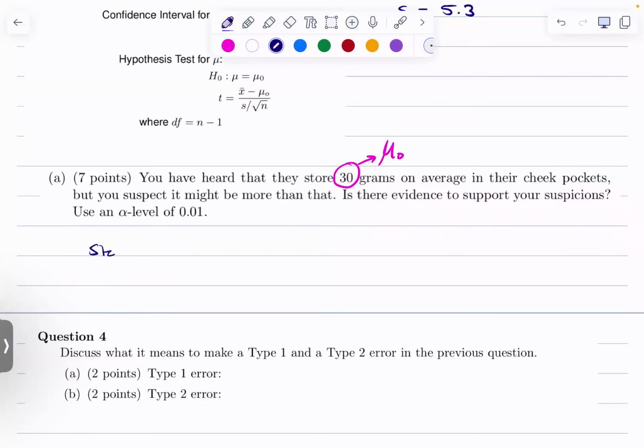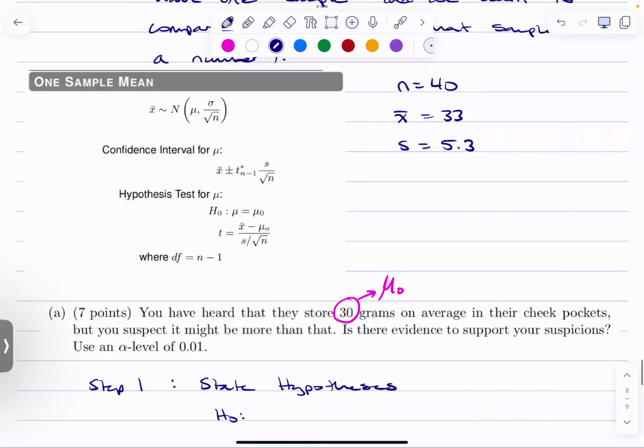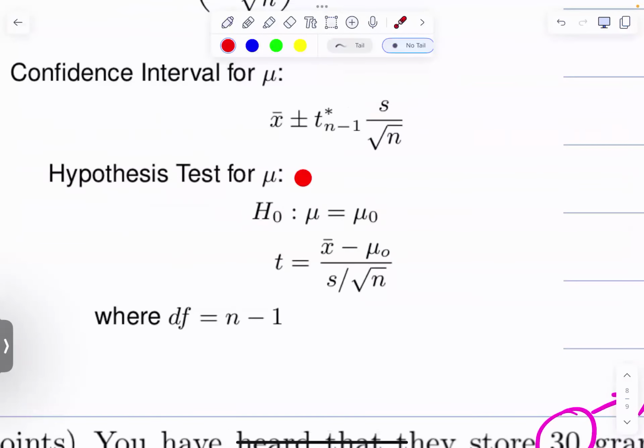Step 1, state the hypotheses. From your formula sheet, if you're doing a hypothesis test, step 1, state your hypotheses. Mu is equal to mu naught. So you have to replace the mu naught, and the p naught for proportions. Those are just placeholders, right? Number from the question.